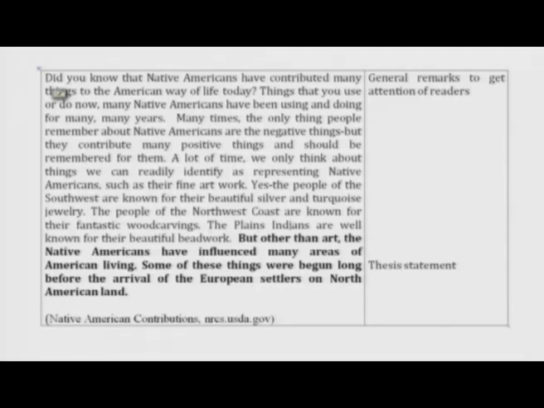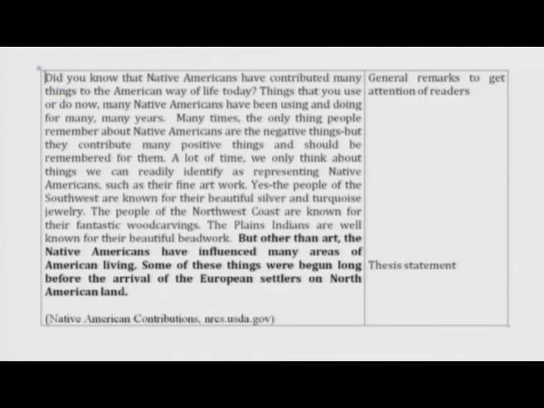The Plains Indians are well known for their beautiful beadwork. But other than art, the Native Americans have influenced many areas of American living. Some of these things were begun long before the arrival of the European settlers on North American land.